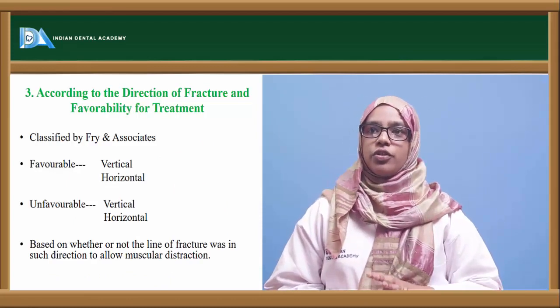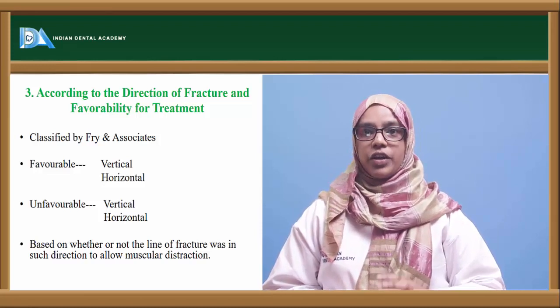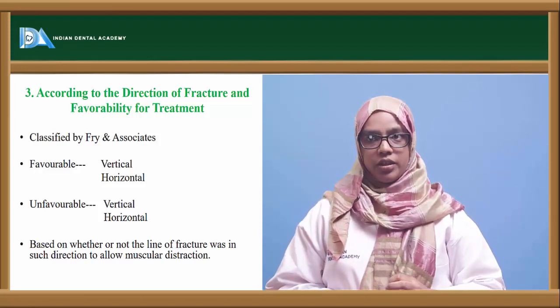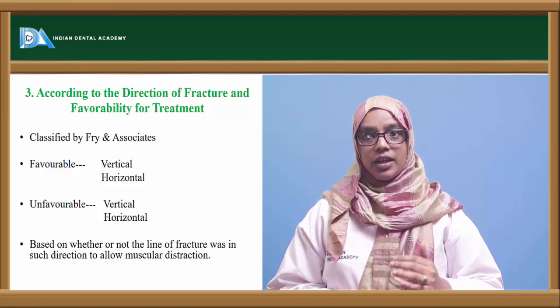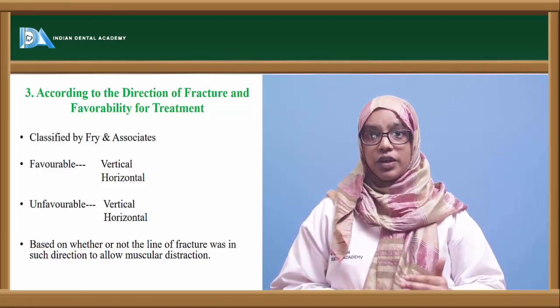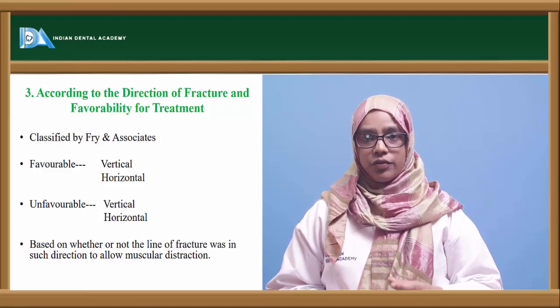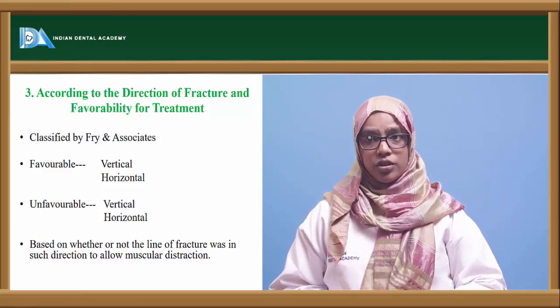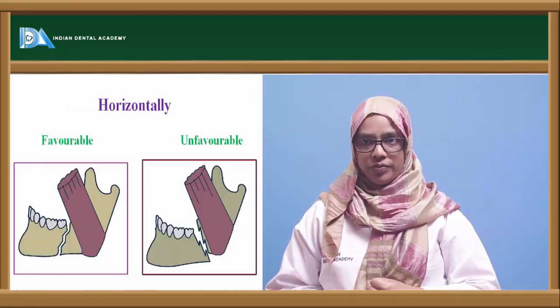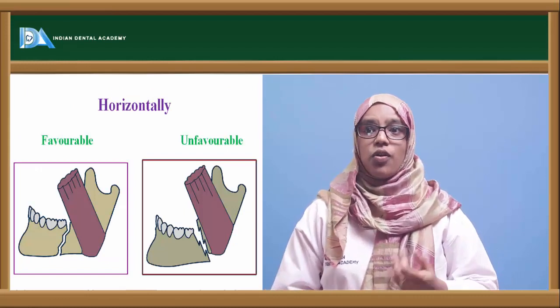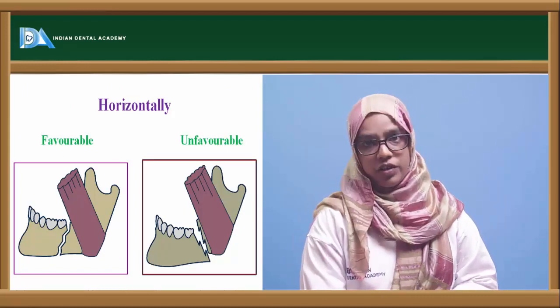According to the direction of the force and the favorability of the treatment, Fries and associates classified fractures into favorable and unfavorable types, based on whether or not the line of fracture was in such a direction to allow muscle distraction. So what is horizontally favorable and unfavorable?